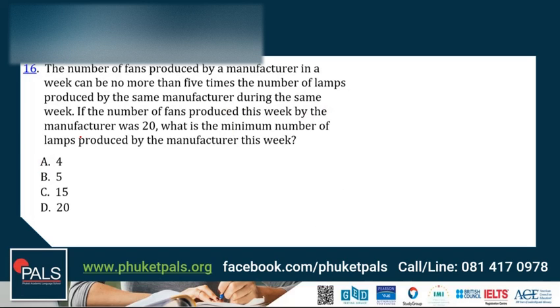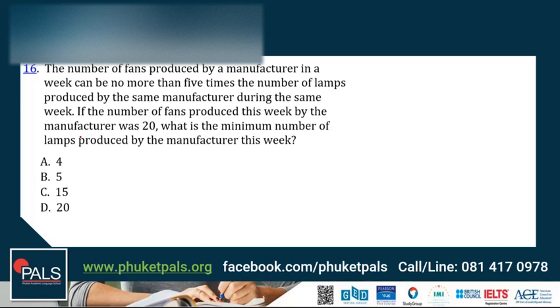16. The number of fans produced by a manufacturer in a week can be no more than 5 times the number of lamps produced by the same manufacturer during the same week. If the number of fans produced this week by the manufacturer was 20, what is the minimum number of lamps produced by the manufacturer this week? First, let us translate the statement into an inequality.